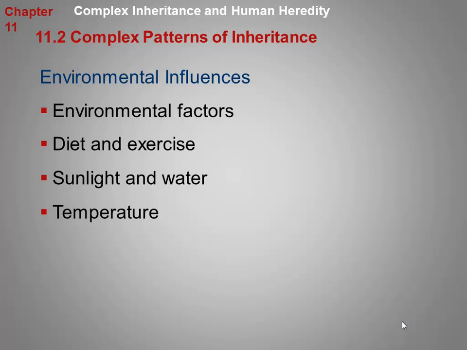Environmental influences are always there, such as diet and exercise, sunlight and water, and temperature can have an effect on all of these different types of traits. Okay. You think about plants. Many times the amount of nutrients in the soil can affect the flower color.